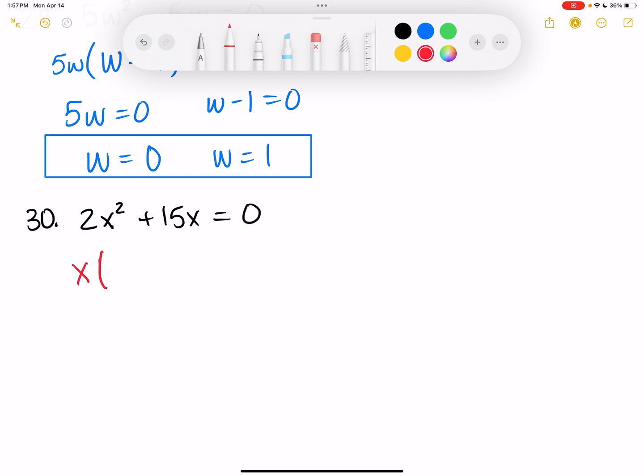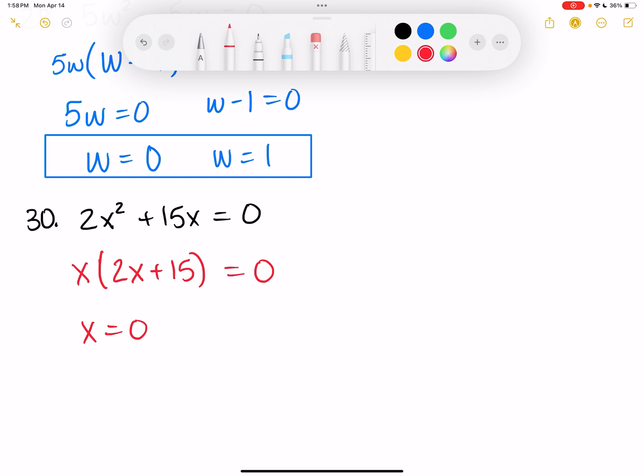So what do I get when I take out an x from 2x squared? 2x. Plus, what do I get when I take an x out of 15x? 15. So now I set each piece equal to 0. When I do that, I have an x that's already by itself is equal to 0. So that's when I go, yay, I don't have to do anything else with that one.